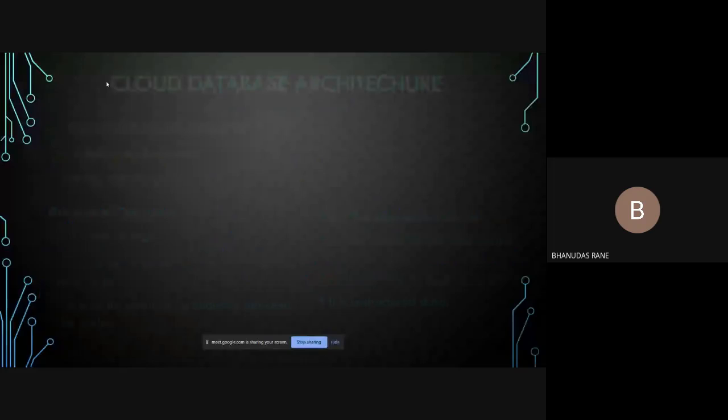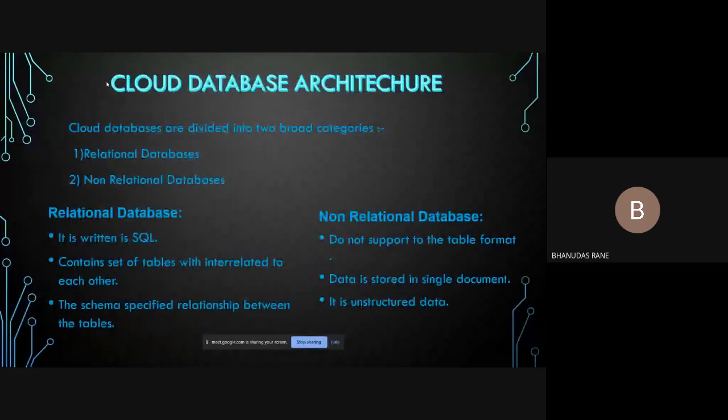Next, cloud database architecture. Cloud databases are divided into two broad categories. First is relational databases and second is non-relational databases. Relational databases, as you know, use SQL, structured query language. Second, they contain a set of tables interrelated to each other, means tables in column and row form.